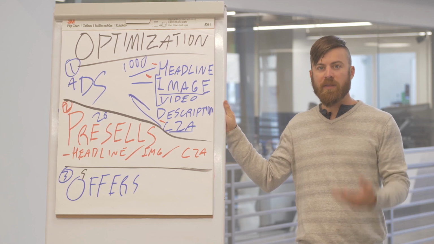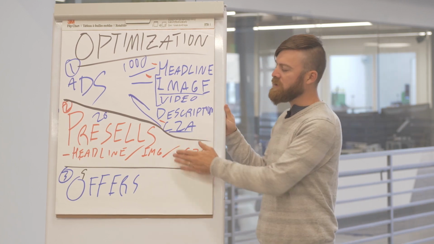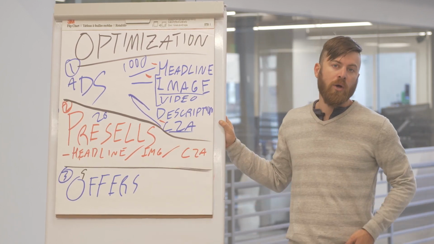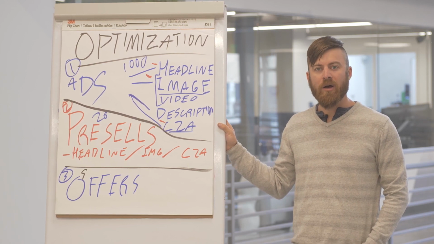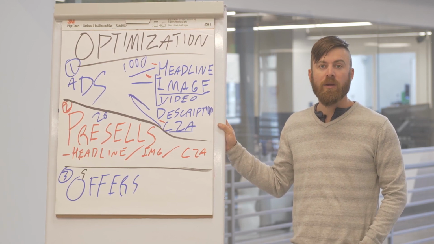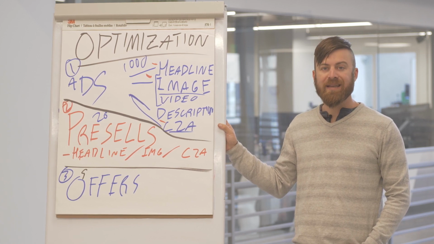Lots of affiliates, when they start out, can do the best job on the ads and the pre-sales, but they don't know how to find high conversion, high payout offers that are going to make money, and they wonder why they're never generating any sales.